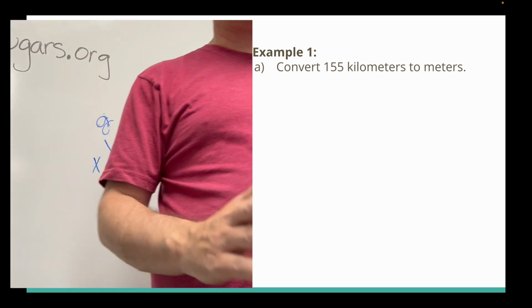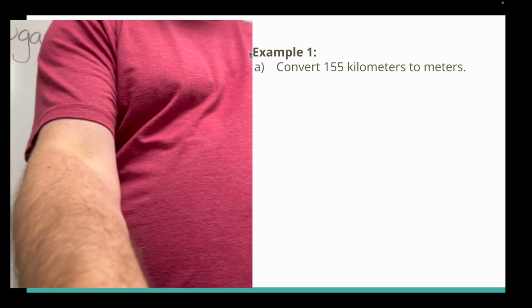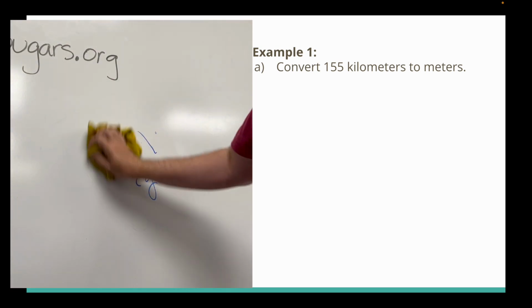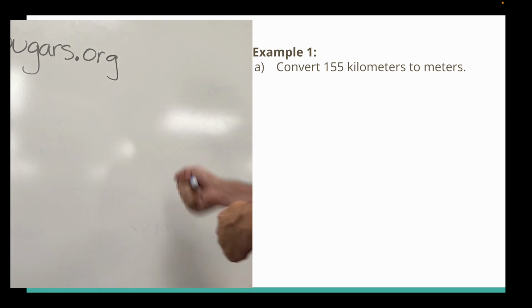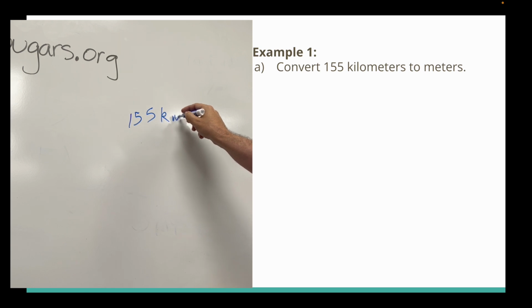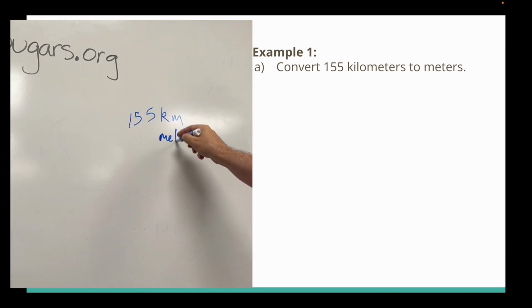So let's convert 155 kilometers to meters. So we have, let's start over here. So we have 155 kilometers, and we're going to convert it to meters.